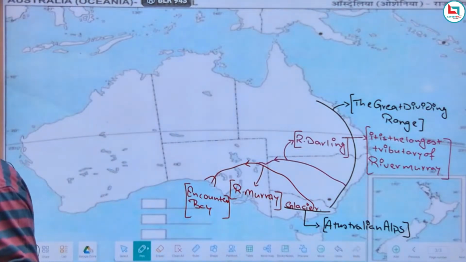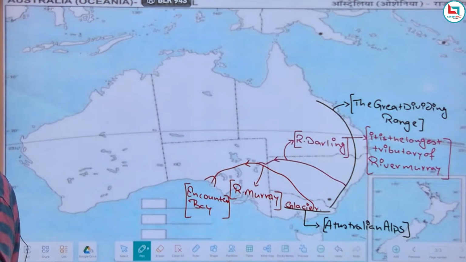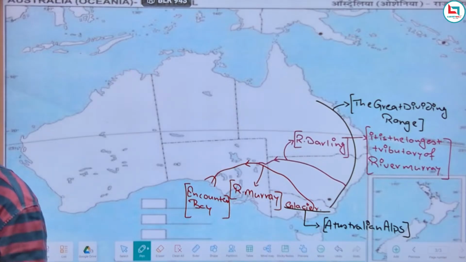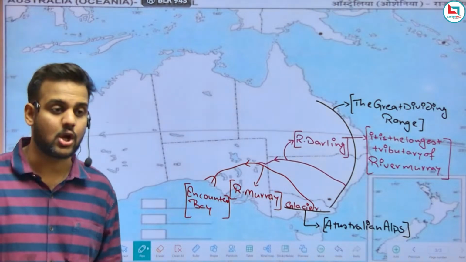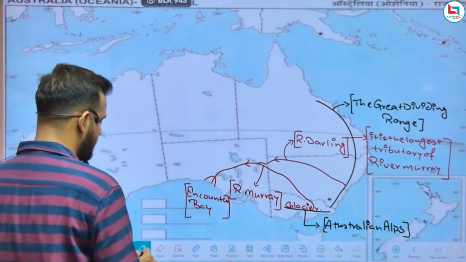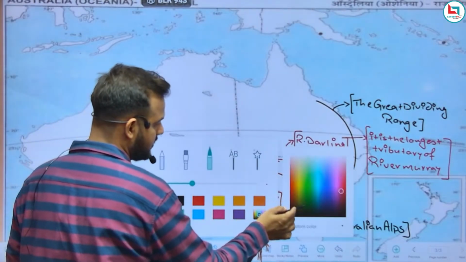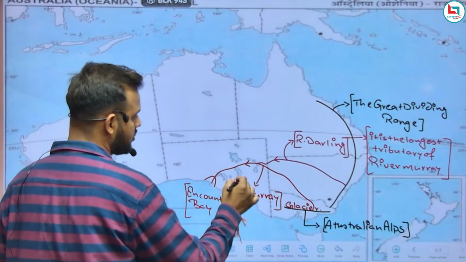So these are the points that we should know. Are we good about these things? And remember guys, when we talk about the floodplains of River Murray, the floodplains are made in southern Australia, in the state of New South Wales. This river forms its floodplains in New South Wales.